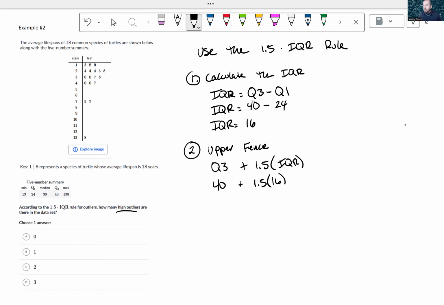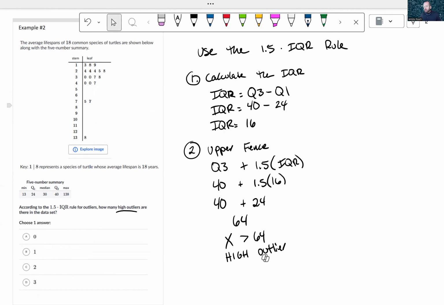So we've got 40 plus 24, and that's equal to 64. Now we're looking for any value x that is greater than 64, and that is going to be considered a high outlier.